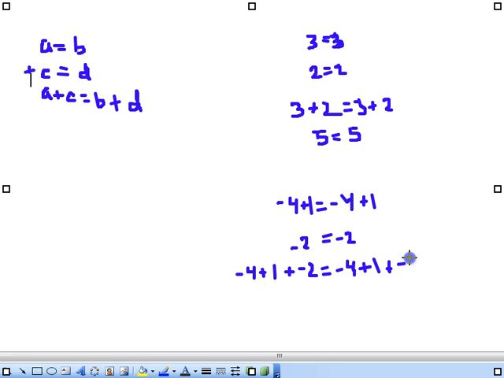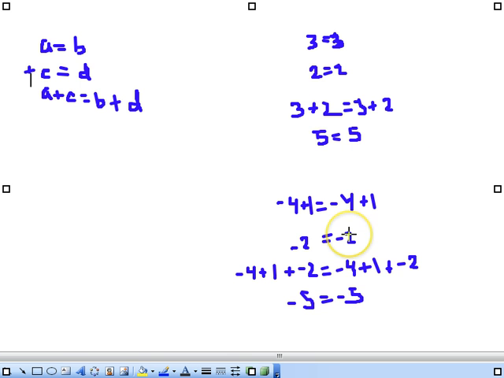And we know automatically that that's true because you're adding the same group of numbers on both sides. Okay? And negative 4 plus 1 is negative 3, plus negative 2 is negative 5. And we know that negative 5 is equal to negative 5.